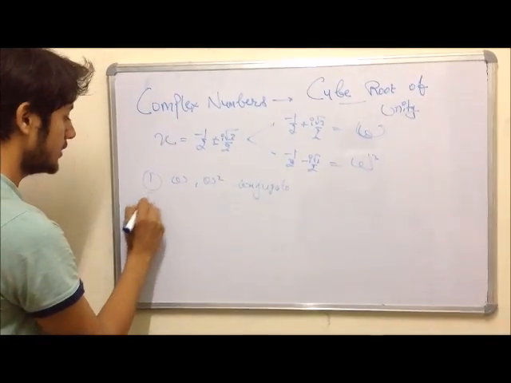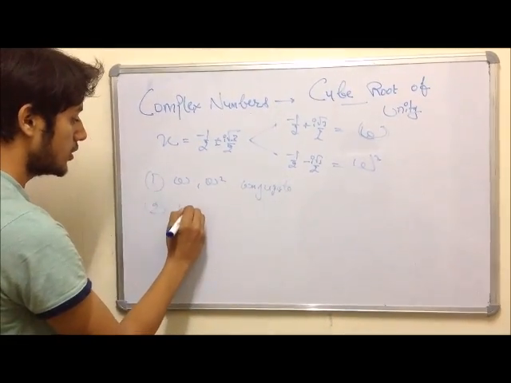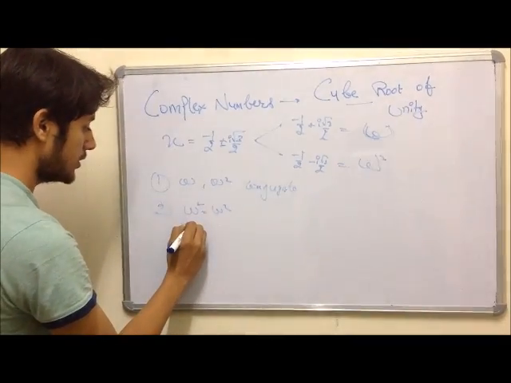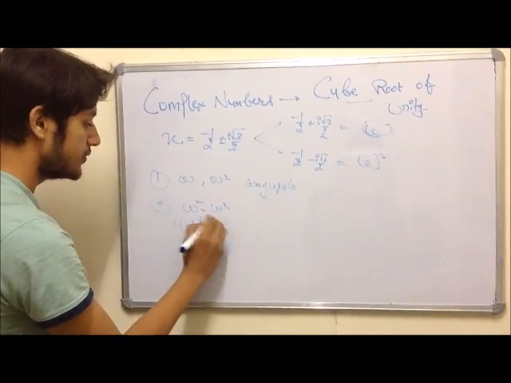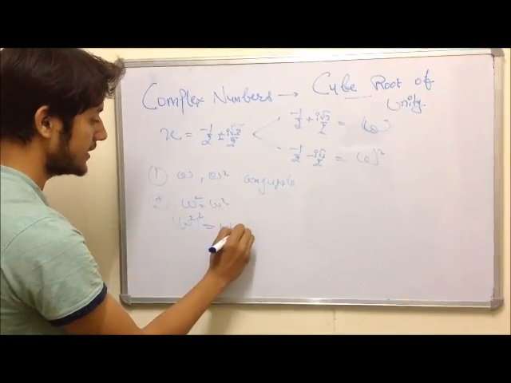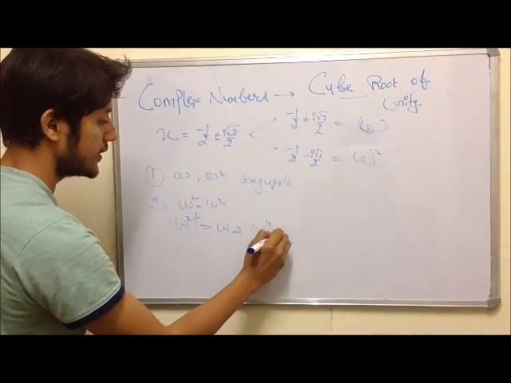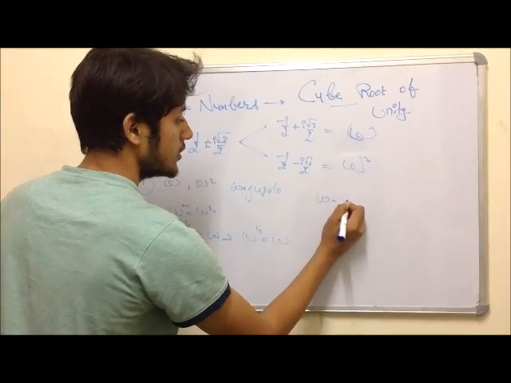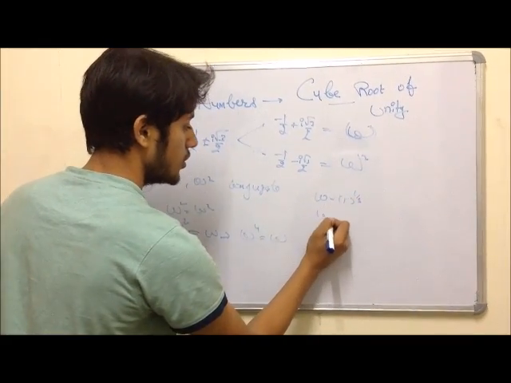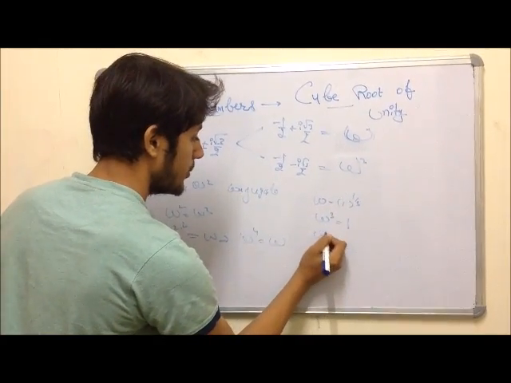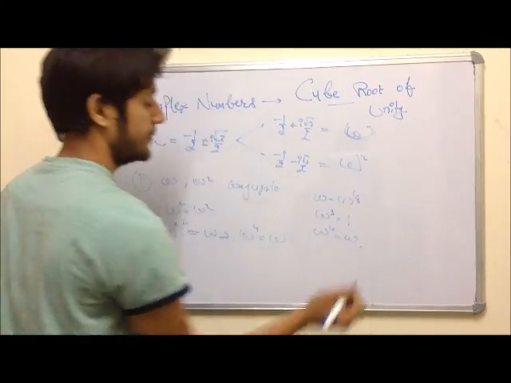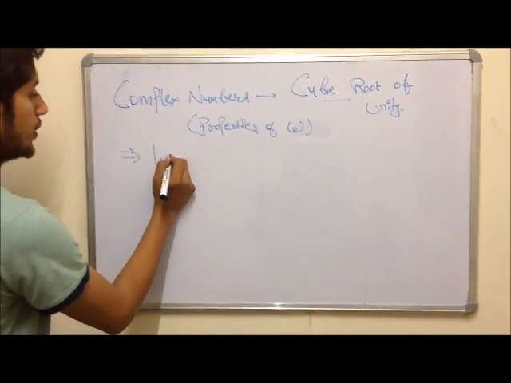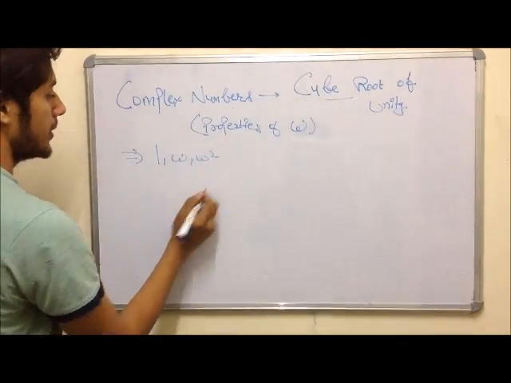And second, the square of one root omega will result in the second. It means the square of omega square should result in the first, that is omega to the power 4 is equal to omega. This is because we know that omega is a cube root of 1, so omega cube must be 1 and omega 4 must be omega. Now we have all the three roots of unity, which are 1, omega and omega square.